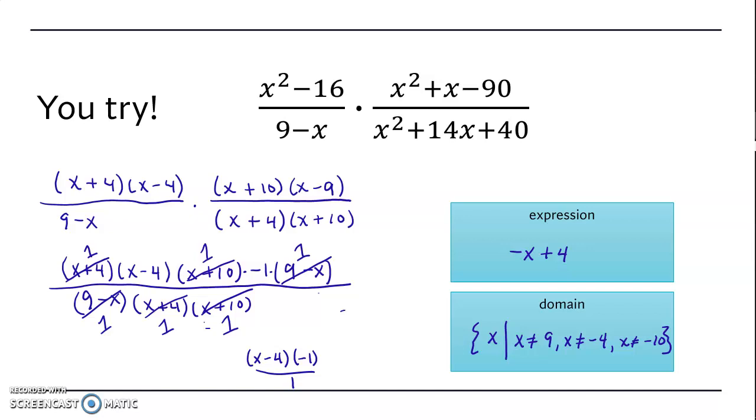That's okay. And then you also have a negative 1 because you had to change the signs on this x minus 9, so it would cancel with a 9 minus x. So then we're left with negative x plus 4. And then the restricted domain includes even the factors that we canceled out. So x can't be 9, negative 4, or negative 10.